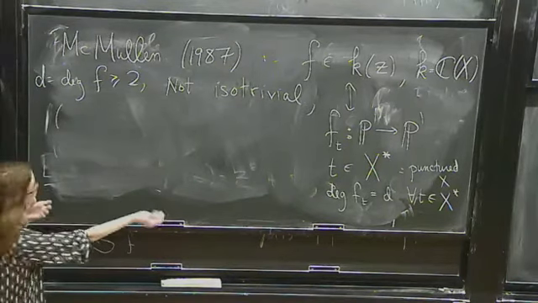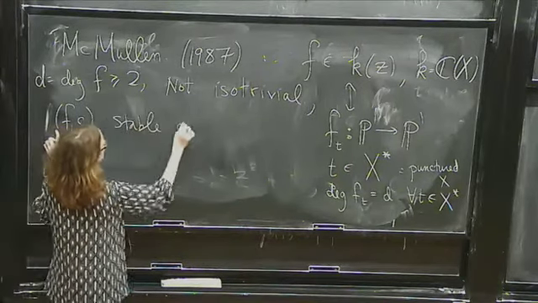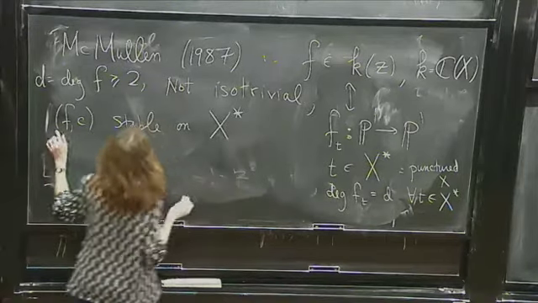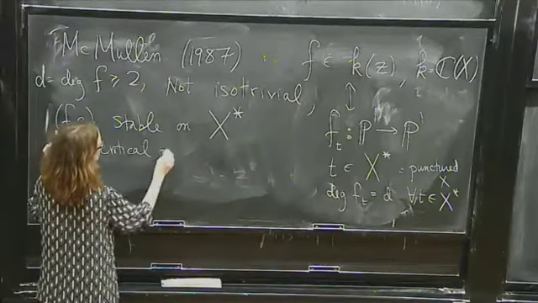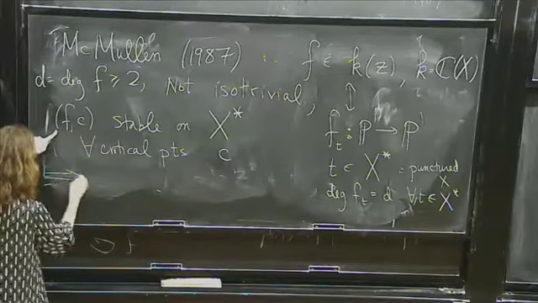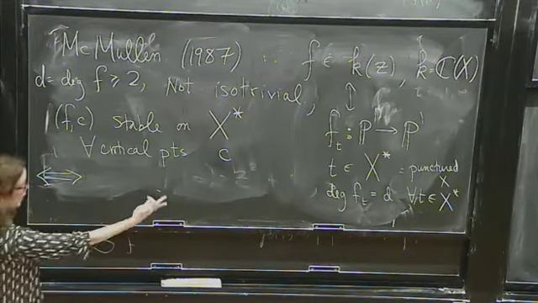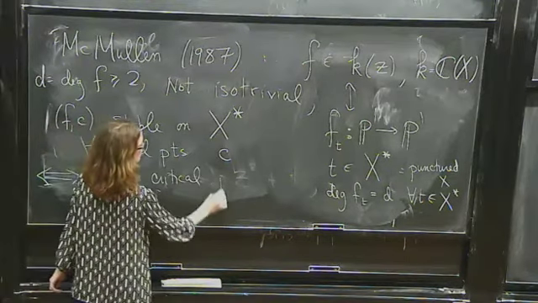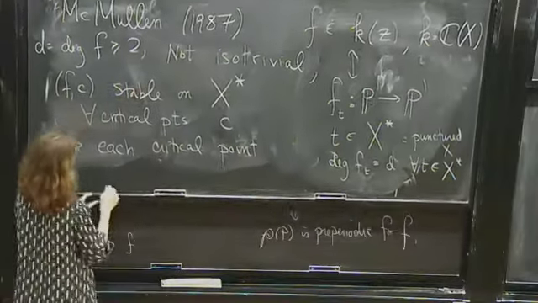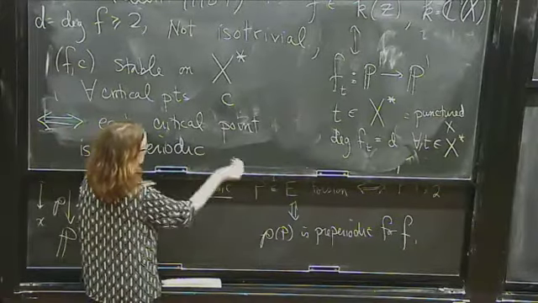The statement is that they're structurally stable, or I'm going to write it in terms of the critical points, that these are stable on the entire parameter space for all critical points C, if and only if each of those critical points is actually pre-periodic throughout the family.